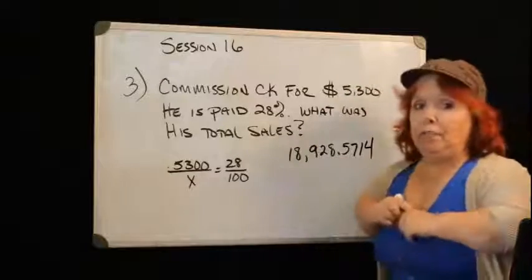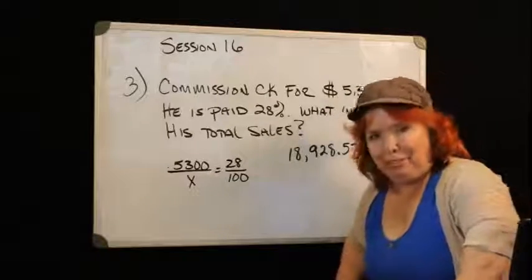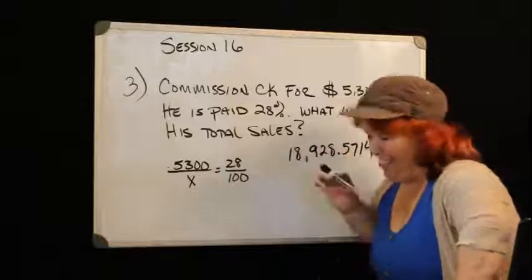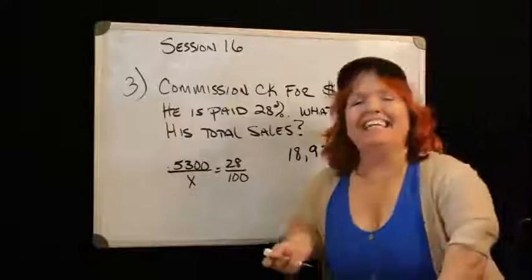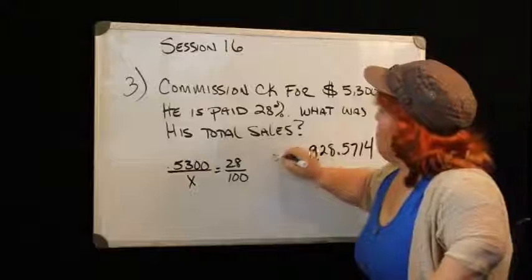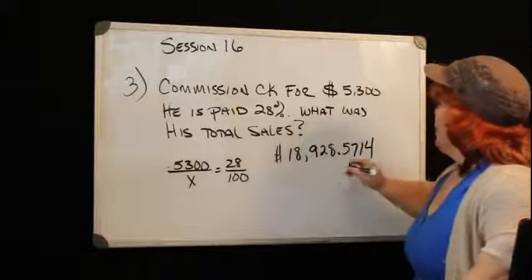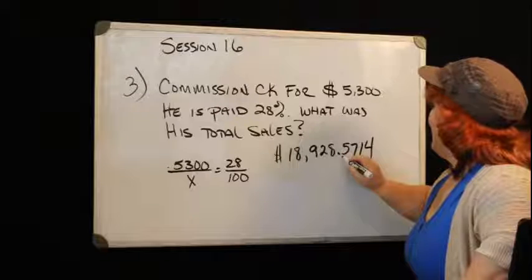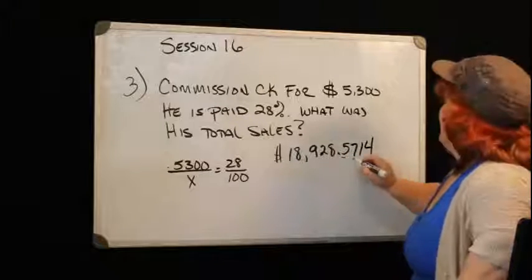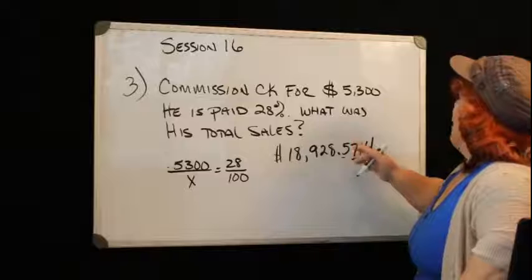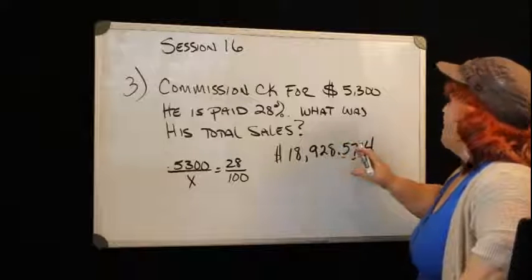Now, remember, we're dealing with money. So whenever we're dealing with money, we want to round to the hundredth column. Here's the decimal point. This is the tenth with the TH, and this is the hundredth. So we want to round, because this is the 57 cents.